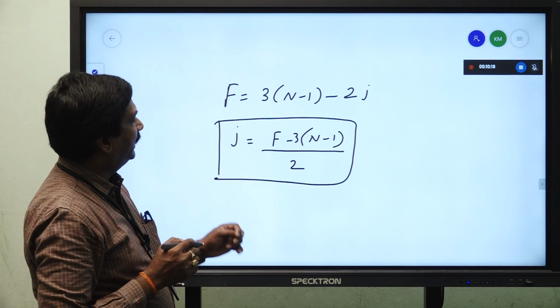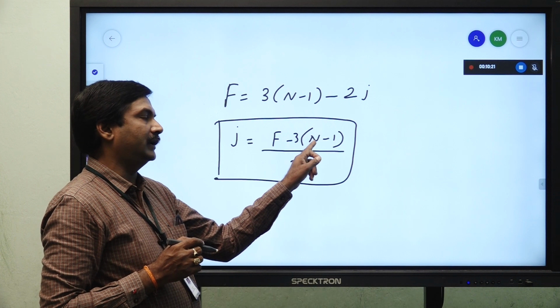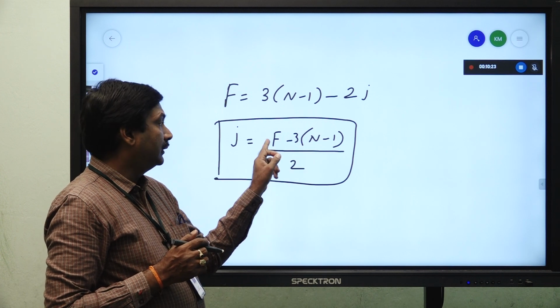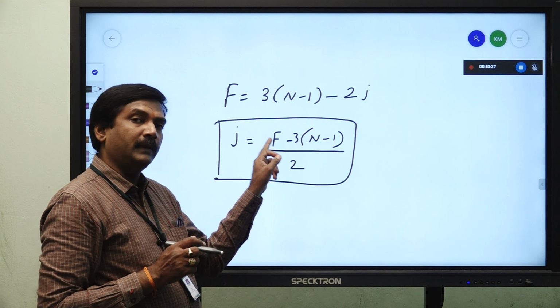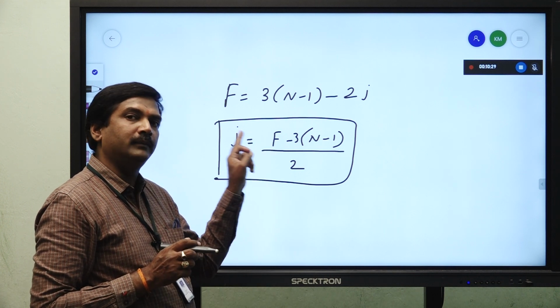If n is given as an even number or an odd number, we have few choices only: either 1 degree of freedom, 2 degrees of freedom or 3 degrees of freedom, like this.